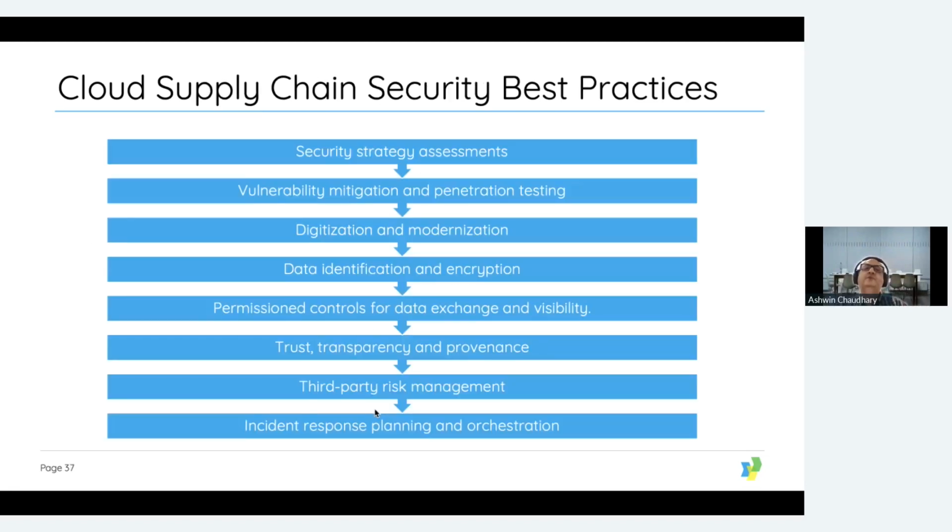Now, some of the high-level best practices in this space to create a security strategy: you have to do vulnerability mitigation and pen testing across the entire life cycle. You need to also do digitization and modernization of your application. You need to do data identification and of course encryption. You need to have your permission controls and data exchange and visibility.